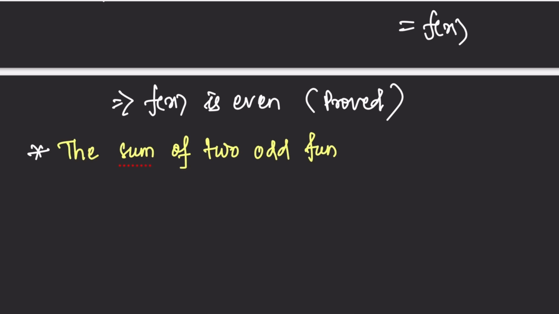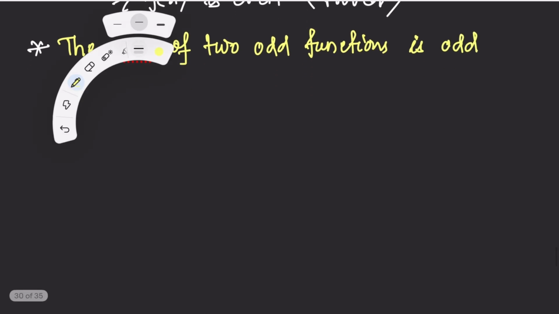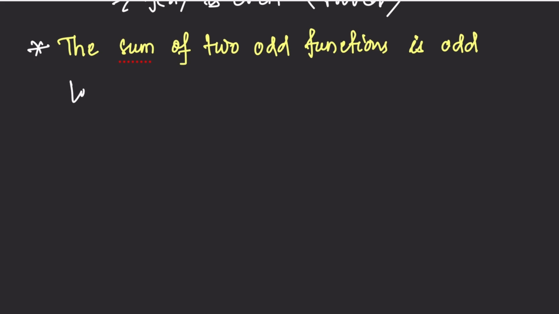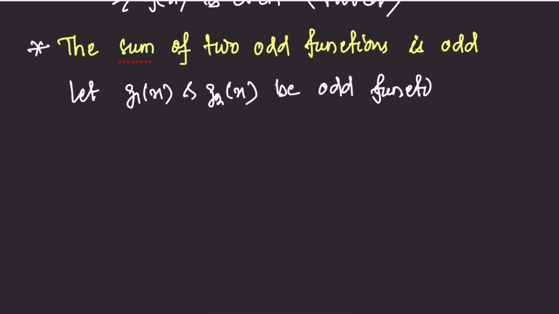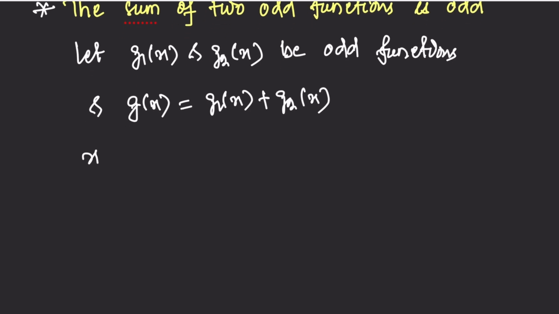The sum of two odd functions is an odd function. Let's prove it. Let g1x and g2x be two odd functions, and g of x is defined as the sum of g1x and g2x. Now replace x by minus x.